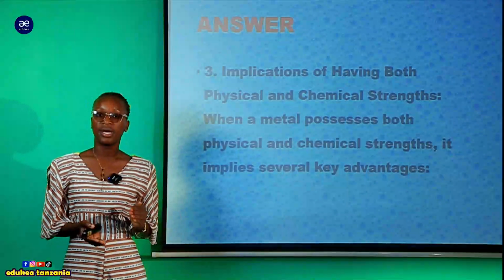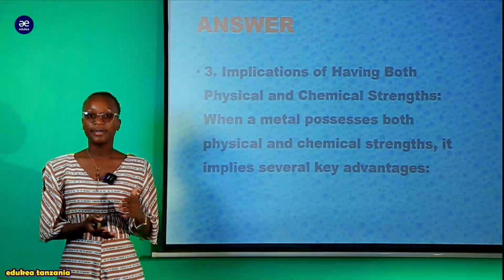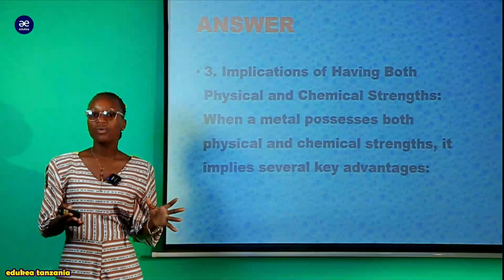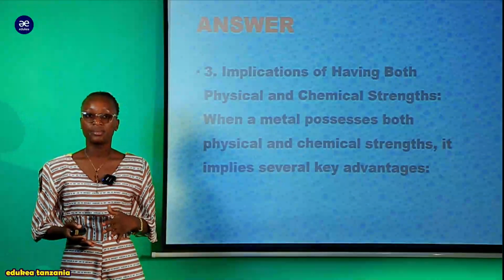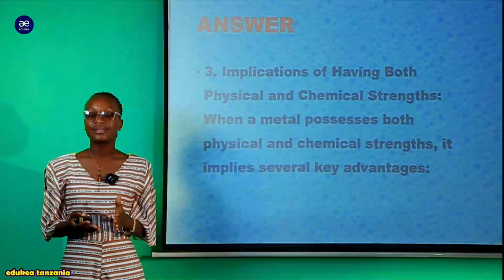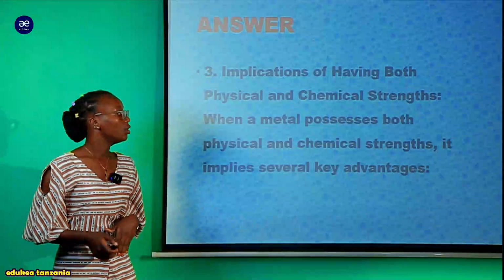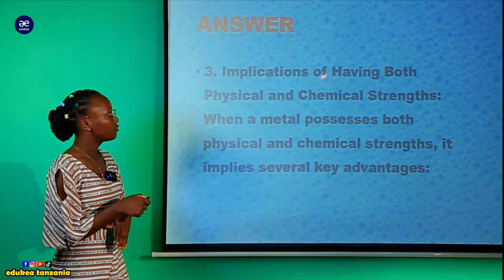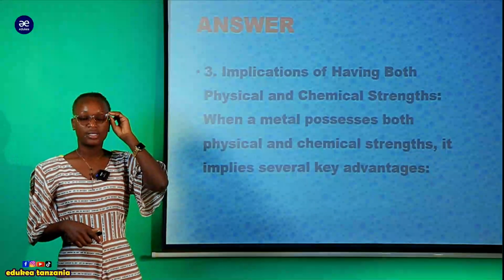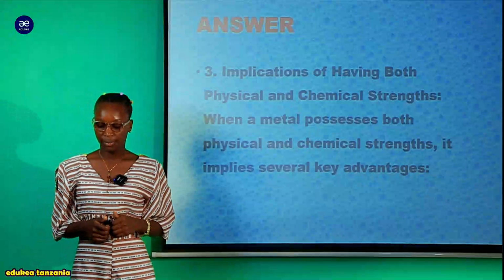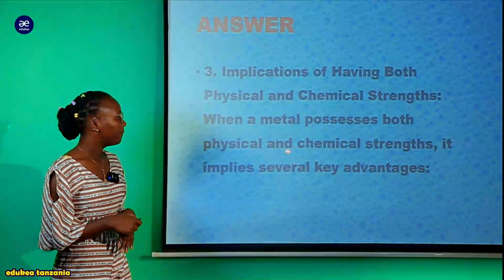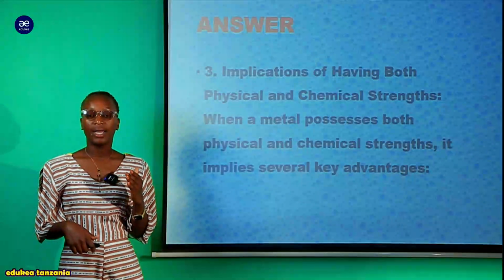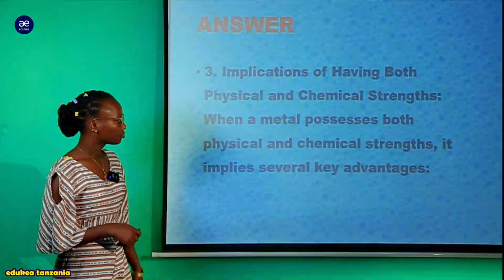Kwa hiyo tumeona kuhusiana na physical strength of the metal, chemical strength of the metal. Sasa tuone how do these metals zinakuwa different in terms of the behavior and performance, but how do each other interrelated in different application. Kwa hiyo tutaelezea kuhusiana na implication of having both physical strength of the metal and chemical strength of the metal, na hapa tutakuwa tumepass through our imply of our statement.